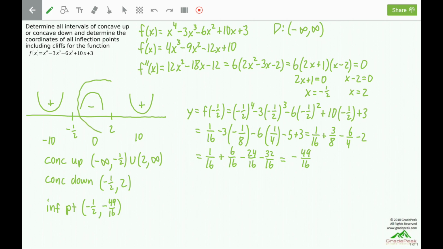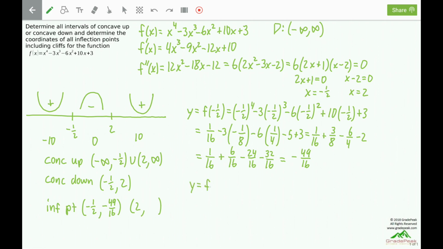Right at the candidate number of x equals positive 2, we again have the concavity changing from concave down to concave up, which makes x equals 2 be also an inflection point. It has a corresponding y-coordinate that can be found by plugging the x-coordinate back into the original function.